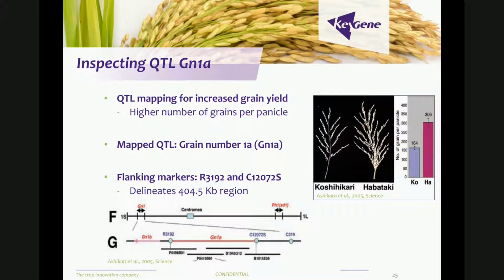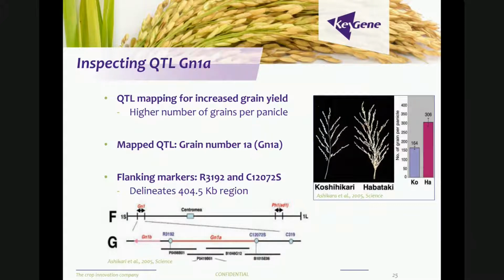So in this case, based on literature, Ashikari et al., we knew that a particular QTL named GN1A, which stands for grain number 1A, harbors a very positive phenotype regarding increased yield. And two flanking markers were known, R3192 and C12072S, which for the rest of the talk I will just refer to as the left marker and the right marker.